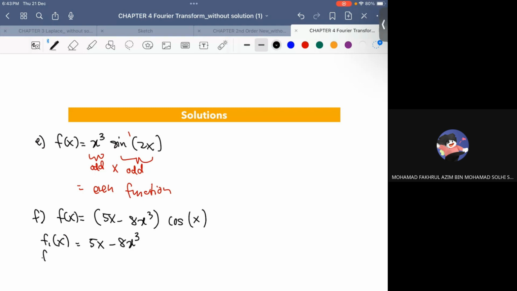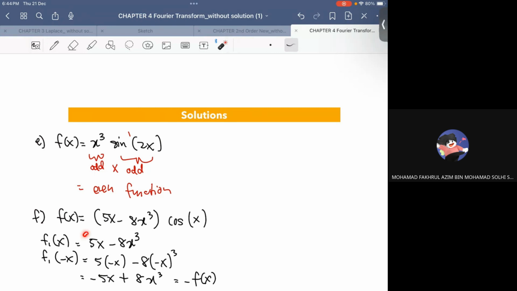So f1(negative x) is 5 multiplied by negative x minus 8 multiplied by negative x cubed. So we get negative 5x plus 8x cubed. This is equal to negative f1(x). So this is an odd function.